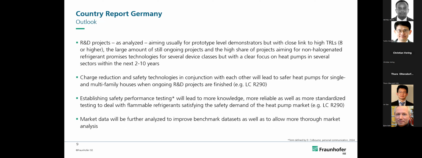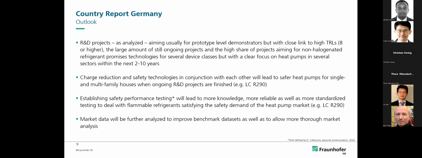Charge reduction and safety technologies in conjunction with each other will lead to safer heat pumps for single and multi-family houses when ongoing R&D projects are finished. So we would say that in 2028, the spectrum of multi-family house heat pumps will be as diverse as it is in air-to-water heat pumps right now. So that's what we can forecast from the ongoing development activities we see.